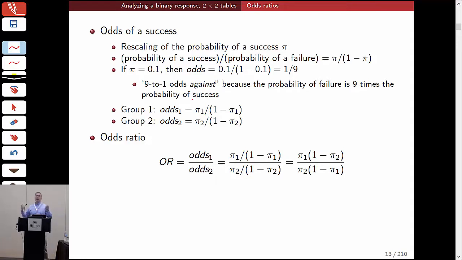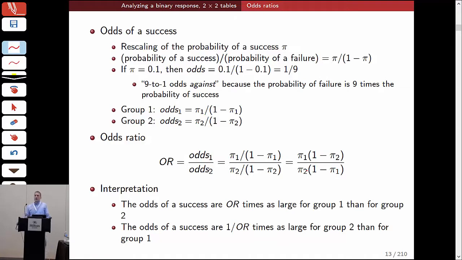We're going to let an odds ratio generically be denoted by OR, and we simply take the ratio: odds of success for group 1 divided by odds of success for group 2. We have put it in terms of pi, so you have some nice simplifications. You have the probability of success for group 1 times the probability of failure for group 2, all divided by the probability of success for group 2 times the probability of failure for group 1.